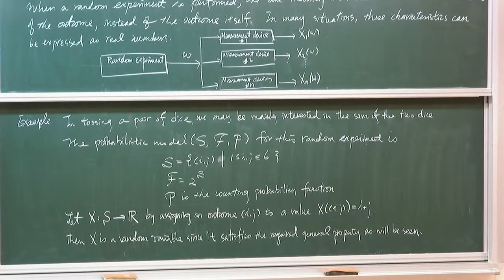Okay, before we take a break, I would like to take a second example. All right, so in flipping a coin n times, our running experiment is to flip a specific coin n times.